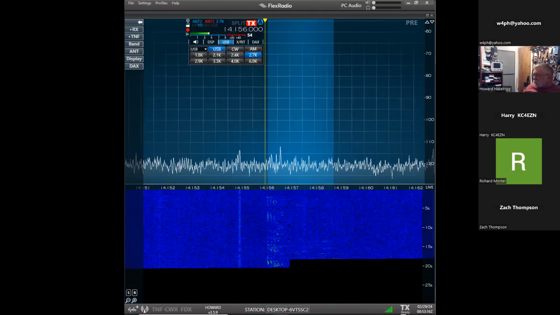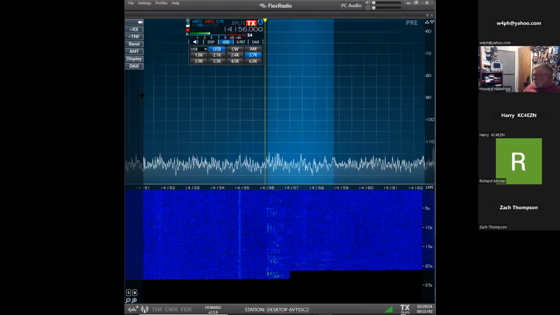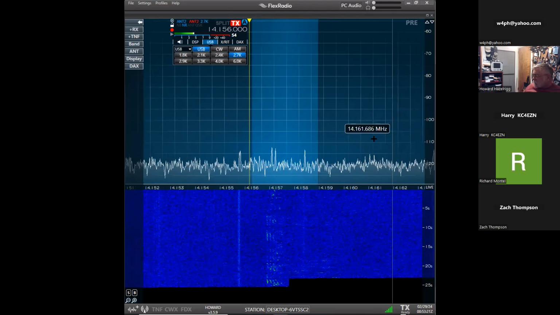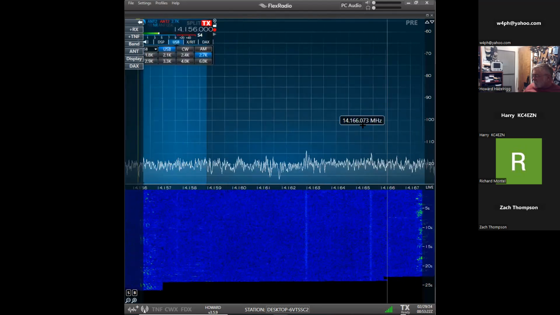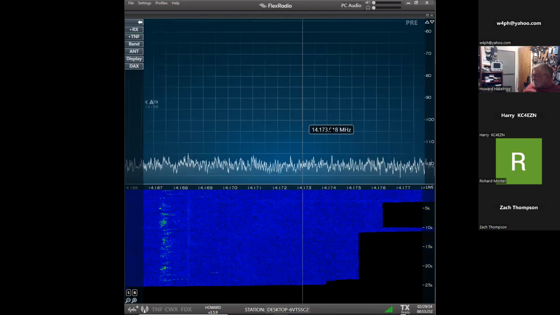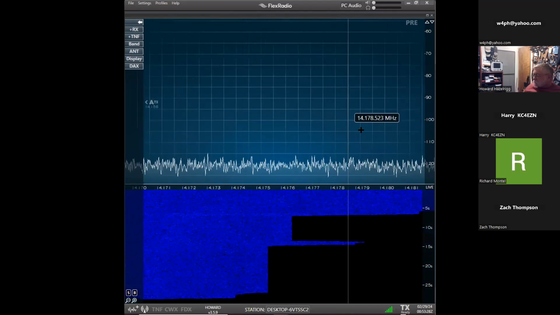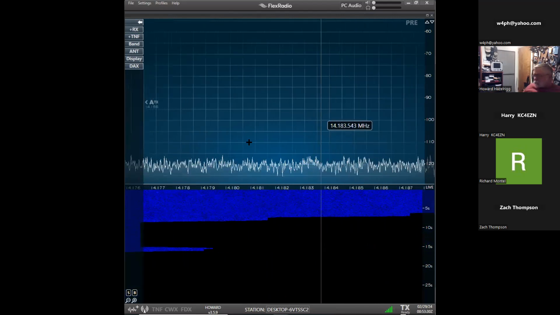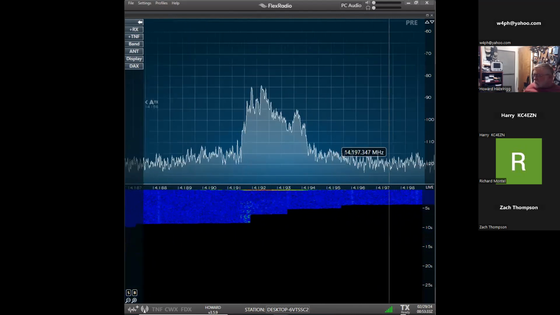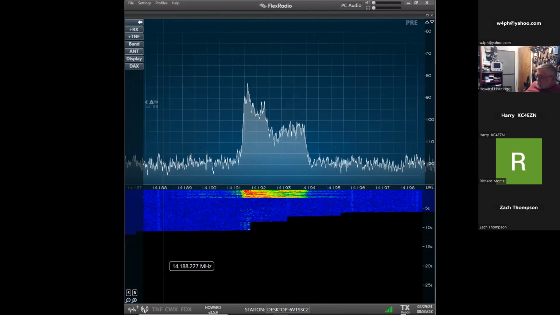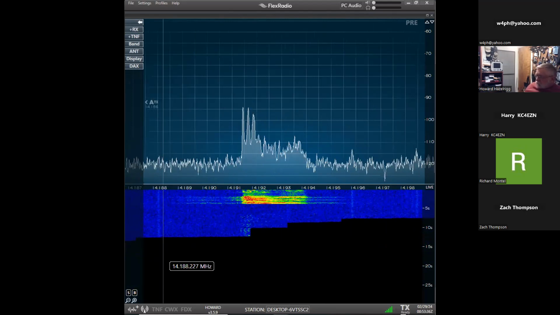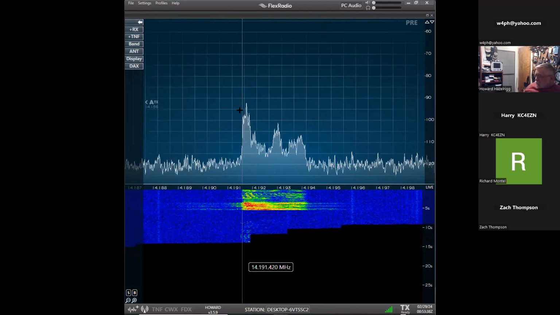I need to, yeah, upper sideband. Yeah, there's a bunch on that 20-meter FT8. Sometimes you'll see 20 or up on there. Here's a good upper sideband signal. And this is a single voice signal.